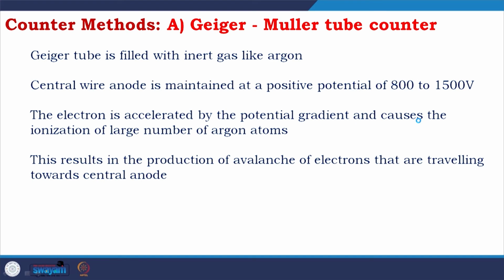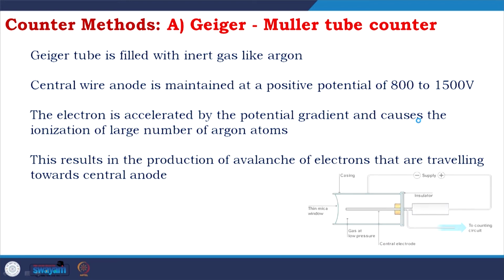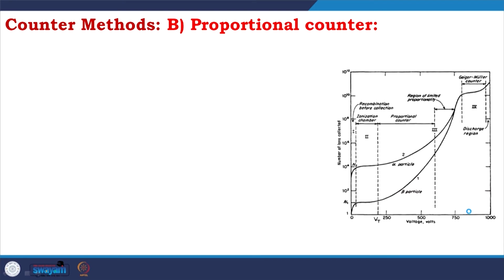This results in the production of an avalanche of electrons traveling towards the central anode. So, this is the setup, this is the central electrode, and here you will see the counting circuit. When the electrons come, they make the pulse here towards detection.